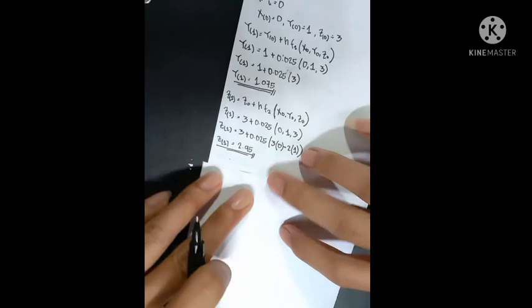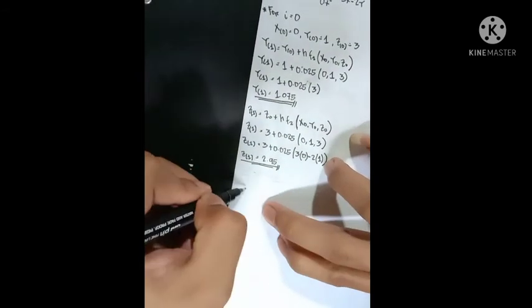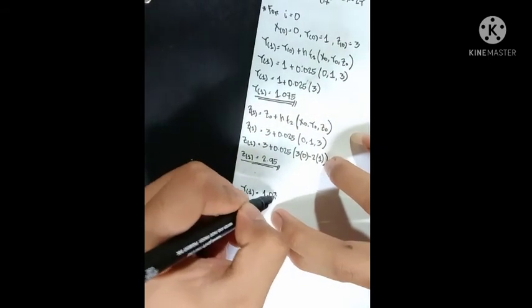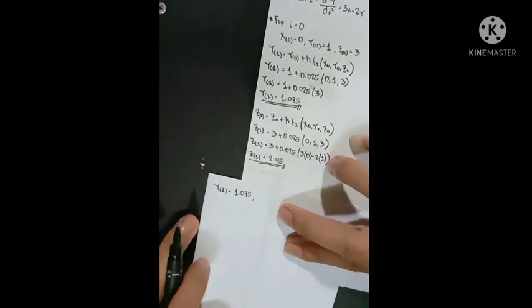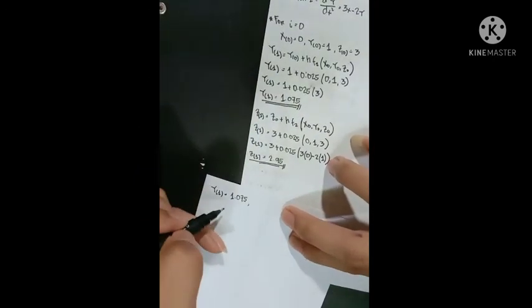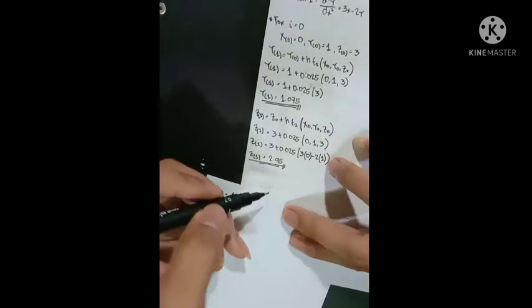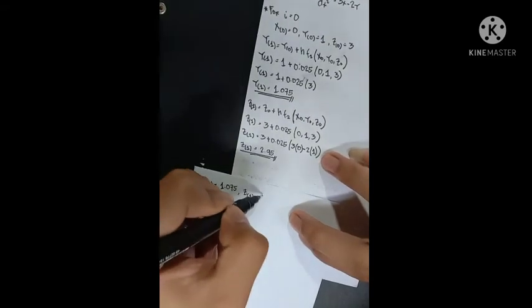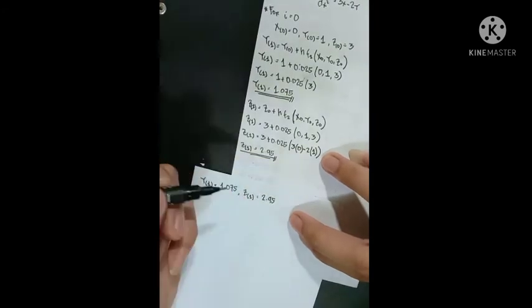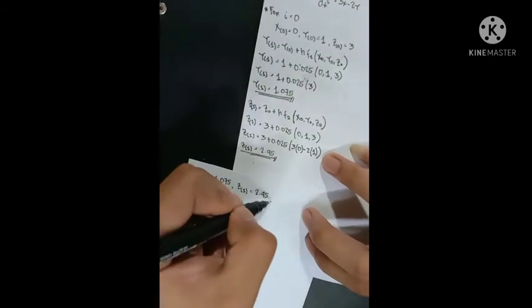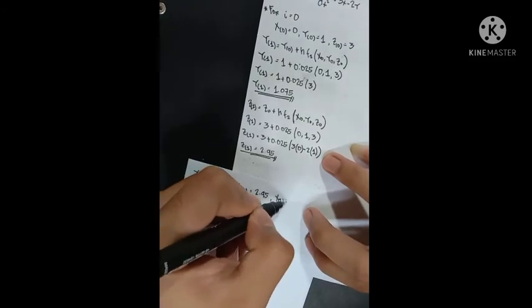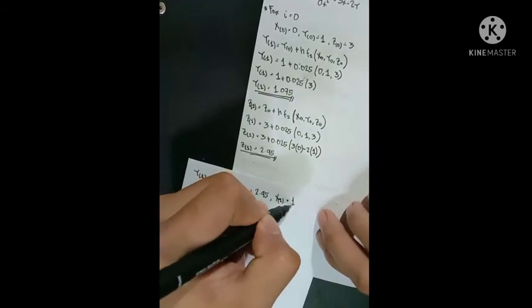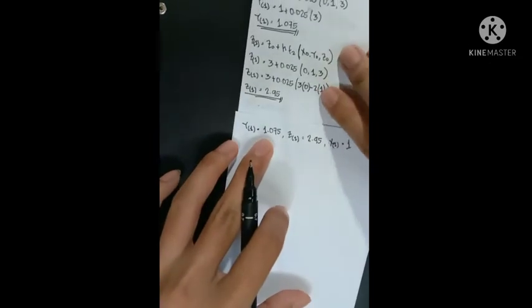So now we have the value of our y1 equal to 1.075, our z sub 1 equal to 2.95, and our x sub 1 is equal to 1.